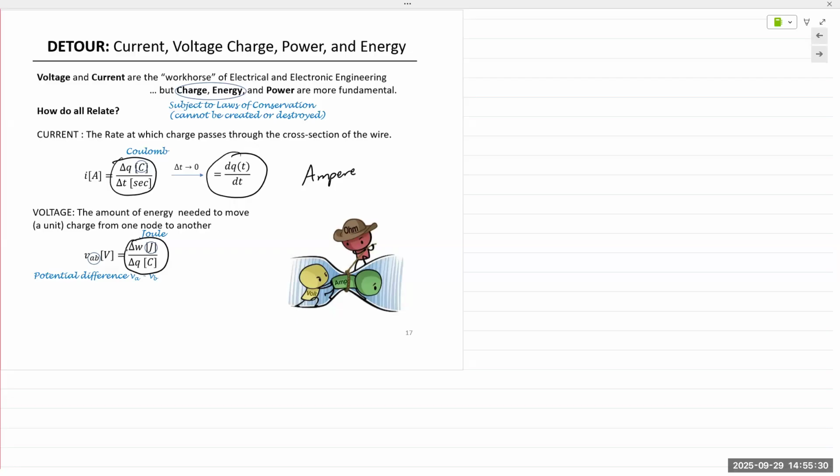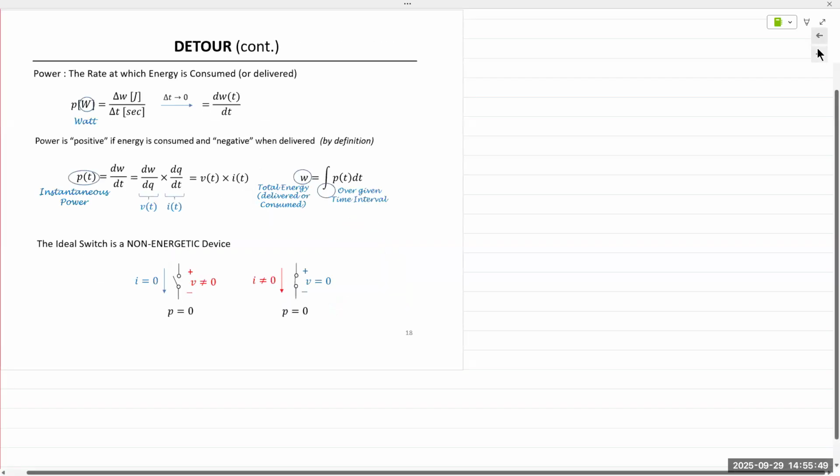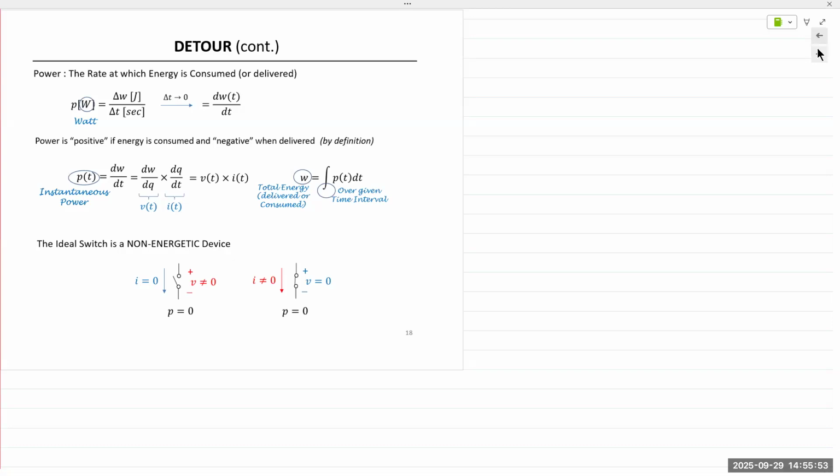What is it noting? The units are right there. Work, but what is it representing? Energy, joule, right? And so the rate at which work is done is defined as power.